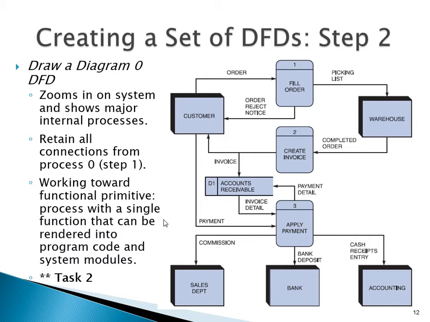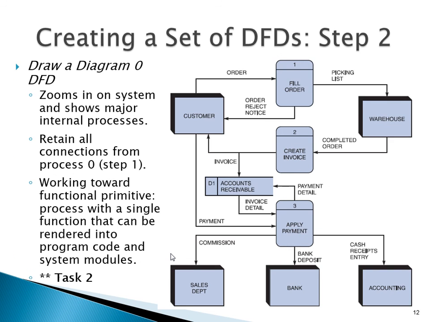Okay. So if your context diagram is the really top level, your diagram 0 is the next level of granularity. Now the next level is where you're not going to go. You don't have to do this.